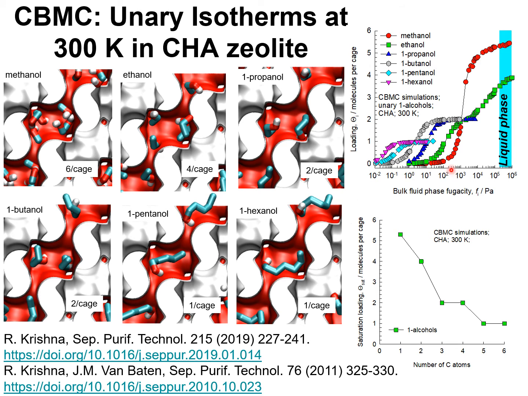So the Henry constant increases with increasing chain length, but the saturation capacity decreases with increasing chain length. Let us see how that plays out.